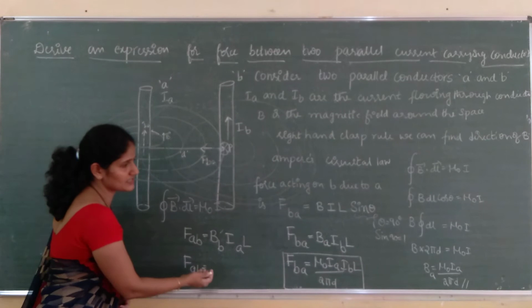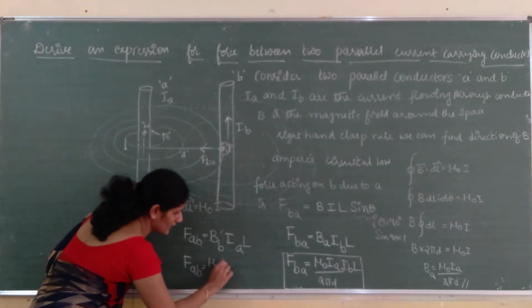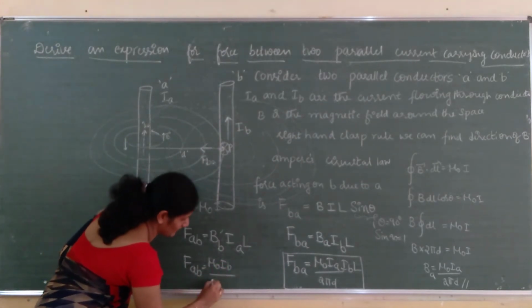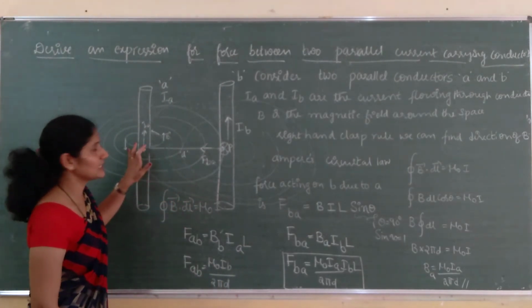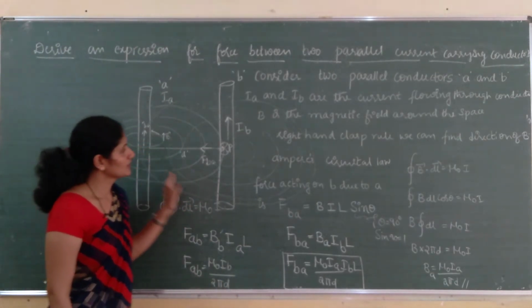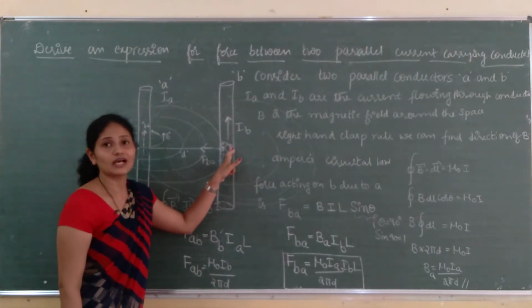Similarly, B_B is mu naught I_B divided by 2 pi d. B_B is the magnetic field at this point due to the conductor B.